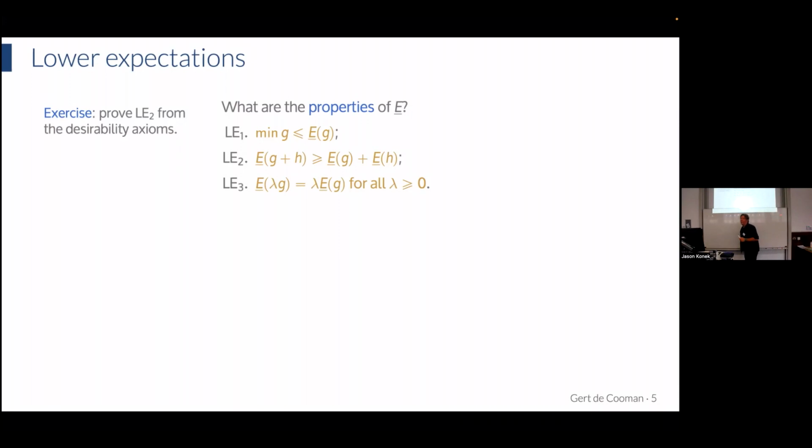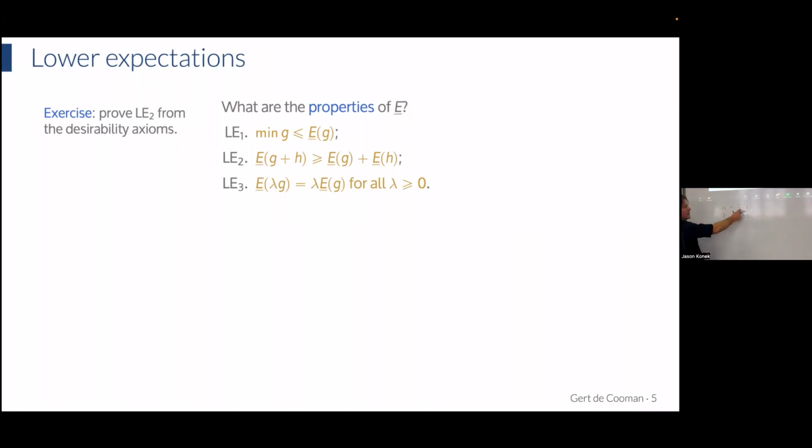Okay, let me give you, so take any alpha that is smaller than the lower expectation of G, and any beta that is smaller than the lower expectation of H. Yeah?